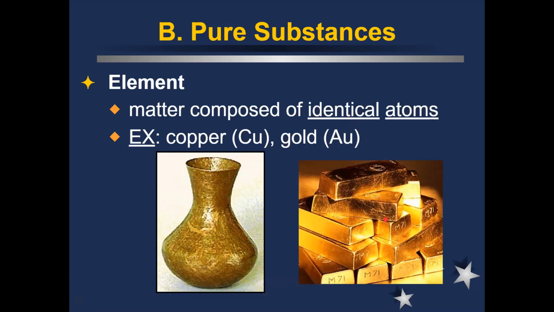There's no silver, there's no oxygen or iron or anything like that. They are totally and 100% only gold atoms that are in there. So because each one of these things is made up of one single type of atom, it is a pure substance that is made of one element.